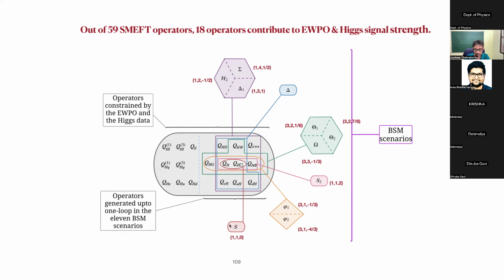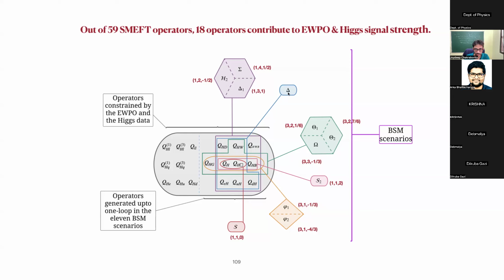For example, these 9 operators are generated whether you integrate out the two-Higgs doublet, the complex triplet, or the scalar quadruplet. Any one of them gives you many operators, but these 9 operators are common among them. So from the perspective of these 9 operators, these models are basically degenerate.